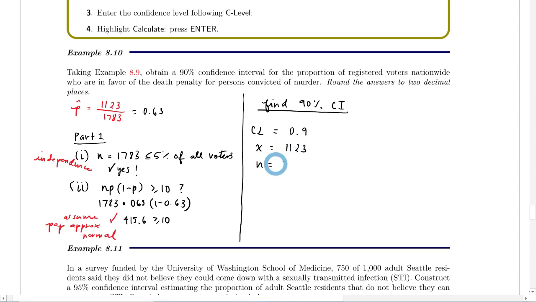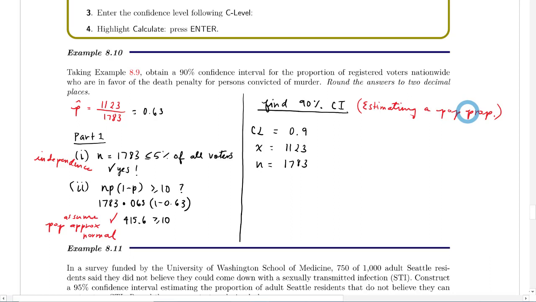And the sample size was that 1,783 registered voters. So we can go to the calculator and evaluate. And again, I just want to keep reminding you of what we're doing now. We're taking samples and now estimating a population proportion.